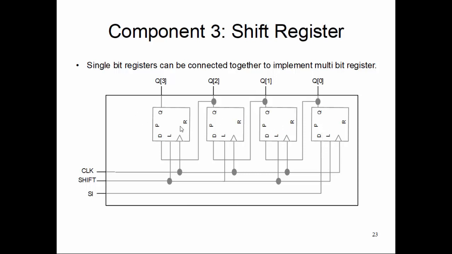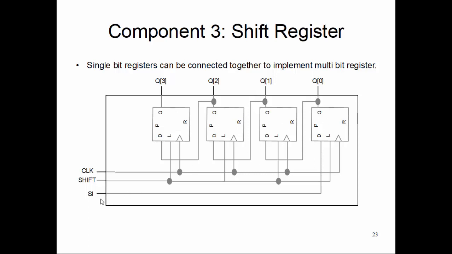Whoever is generating the bit pattern in SI will need to send out that specific bit pattern in 4 successive cycles to be loaded into these 4 registers. So initialization of this register to a particular value, I cannot load it directly, right? I cannot load, say, a 1011 pattern. What I need to do is shift in 1 first and 0 first, and then 1 and 1, and then after 4 clock cycles it becomes 1011.